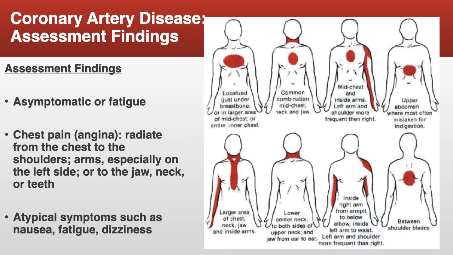That chest pain, also known as angina, can radiate from the chest to the shoulders, arm, especially on the left side. It can be in the jaw area, up into the neck area, and even in the teeth. You have atypical symptoms such as nausea, fatigue, and dizziness. You may see that as well when the patients come in and you are doing that assessment, that cardiac workup.